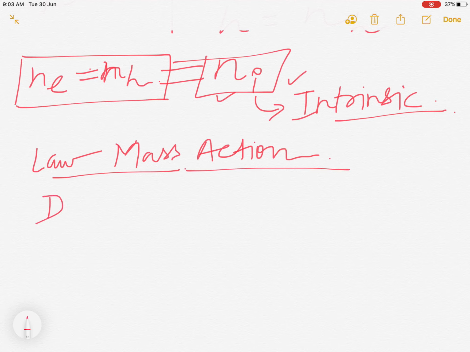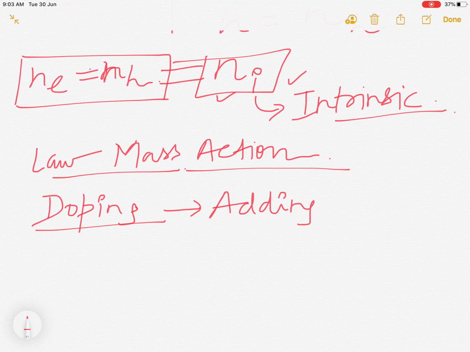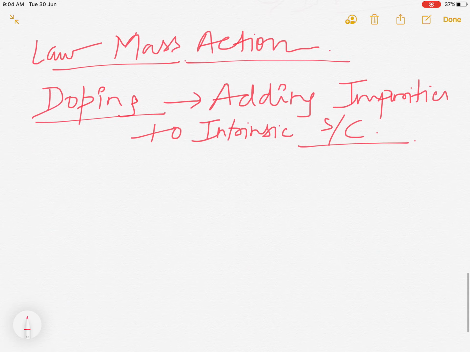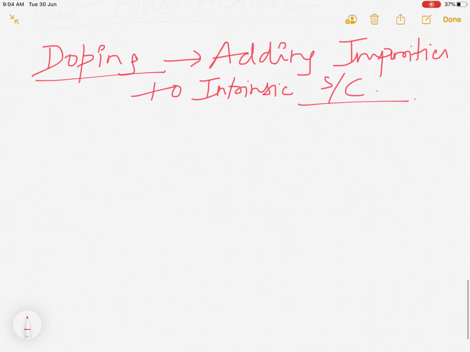Before this you must know what doping is. Doping is adding impurities to an intrinsic semiconductor, right? So let's say I have a silicon atom.